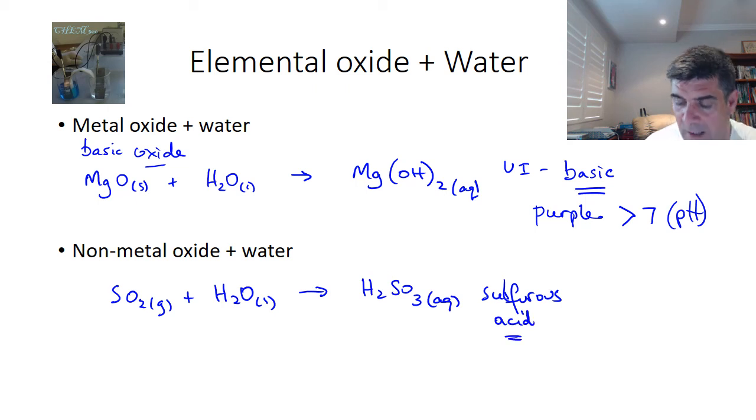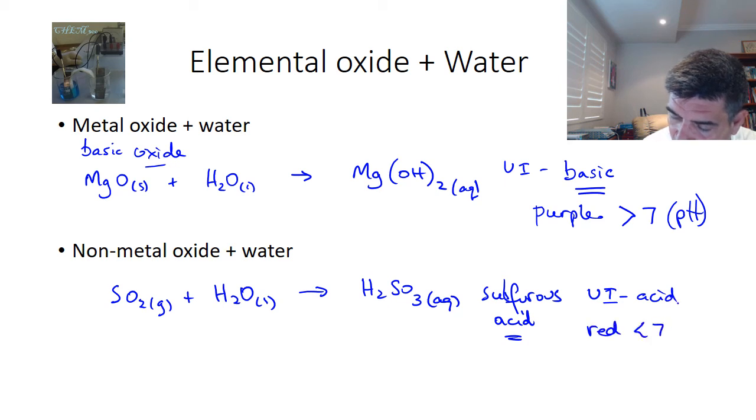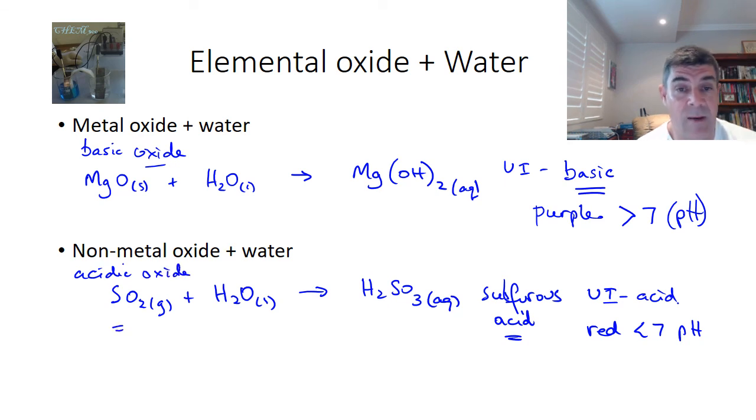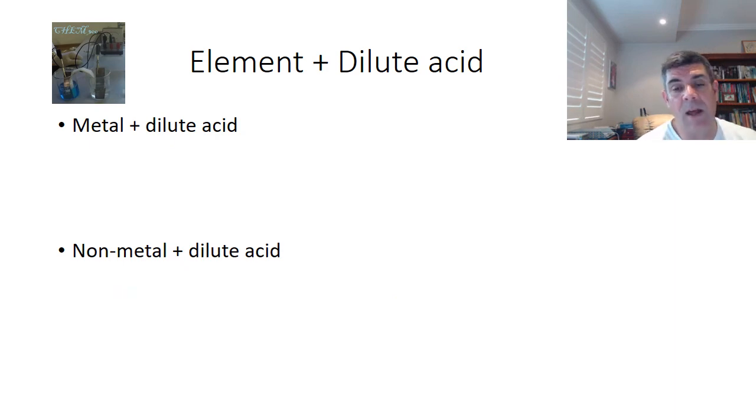If the clue hasn't been given away now, in the presence of universal indicator, this is going to indicate an acid. It's going to be a reddish color, and it's going to have a pH much lower than 7. And so non-metallic oxides are called acidic oxides, and you might remember that I mentioned that these can be contributors to acid rain.